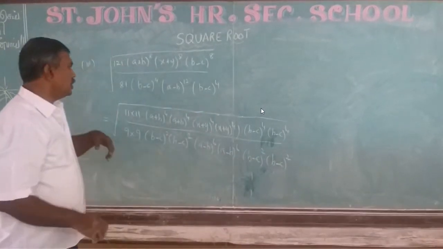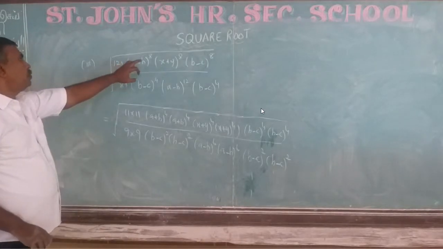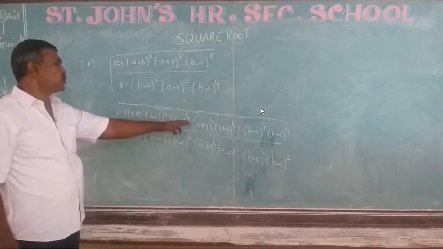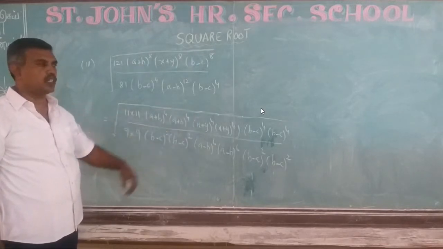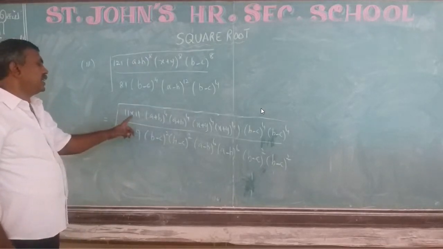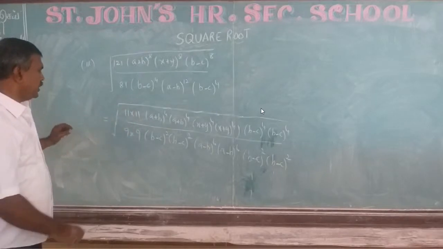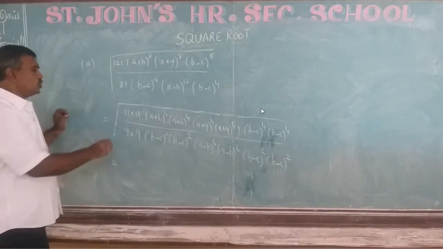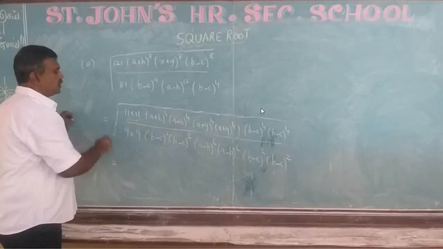We split the numbers into two. Power 8 means 4 into 4. Now we take the square root. Square root means we take one value out of two same numbers.